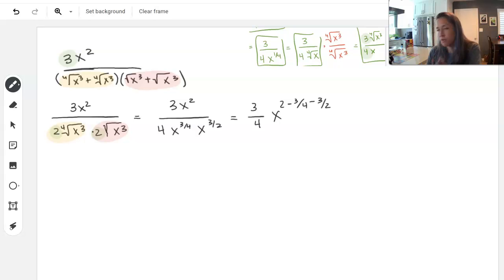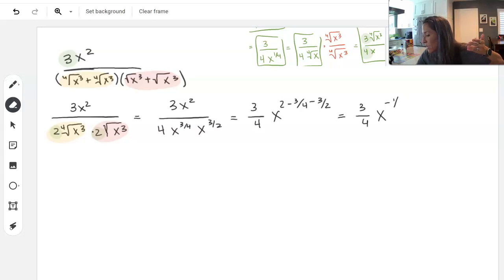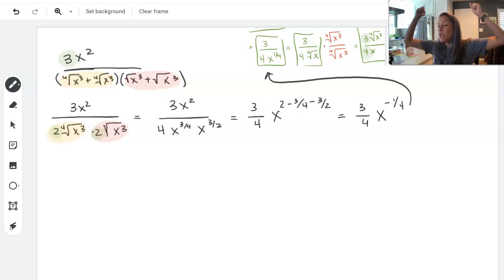I'm just going to subtract off those two denominator exponents because I don't want to think anymore. Oh my God, it hurts. I've done too much math. I'm going to just calculator this because I don't want to think about it. Don't judge me. This ends up being 3/4 x to the negative 1/4, which was the one version I didn't bring over. It's at the top. But we are in the exact same spot. We found it. This is just another way to write that.